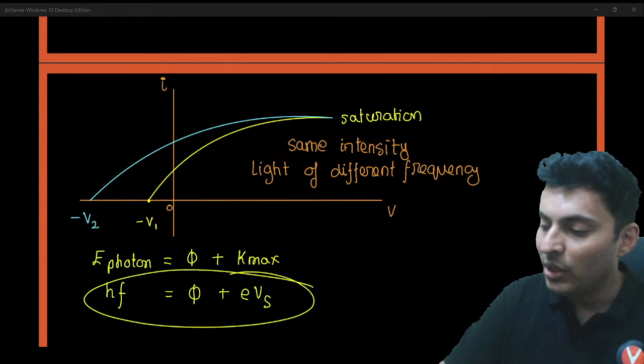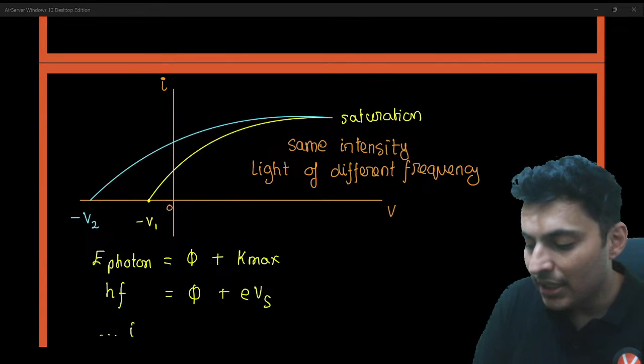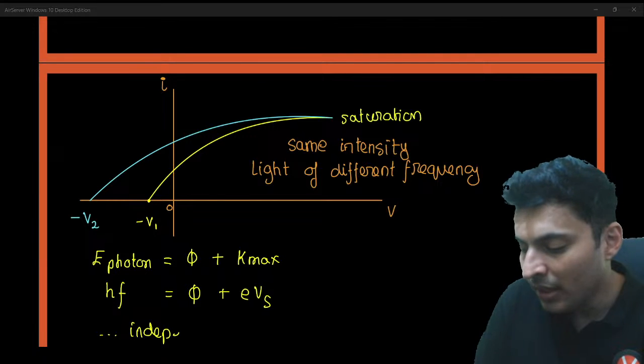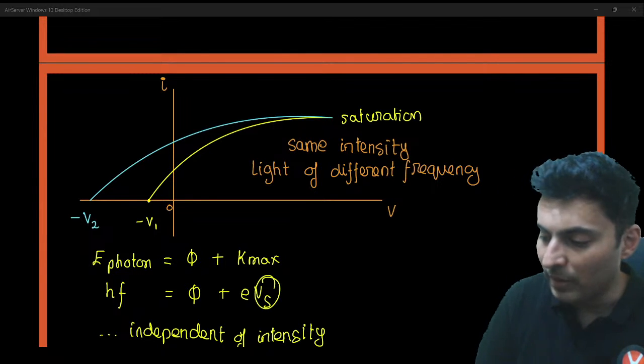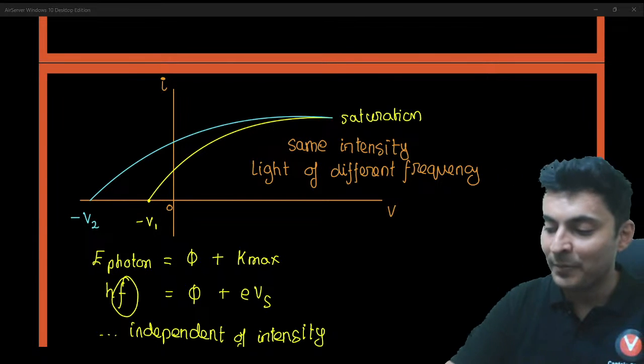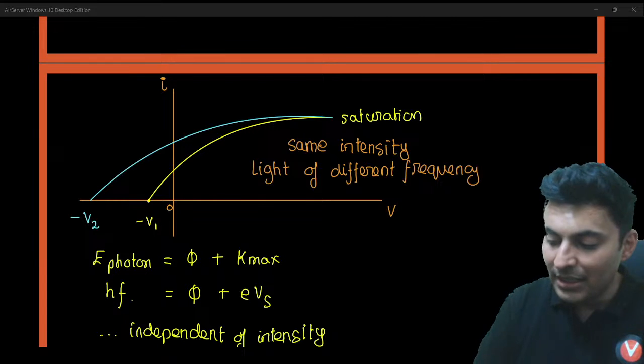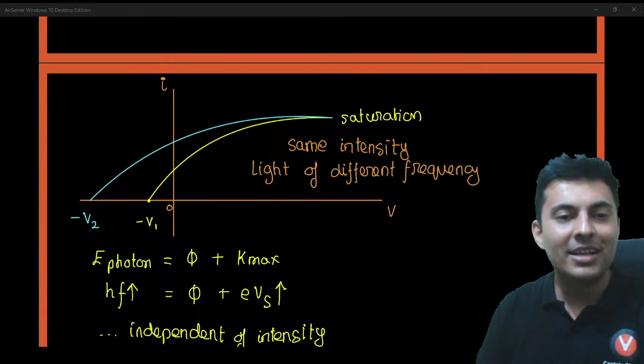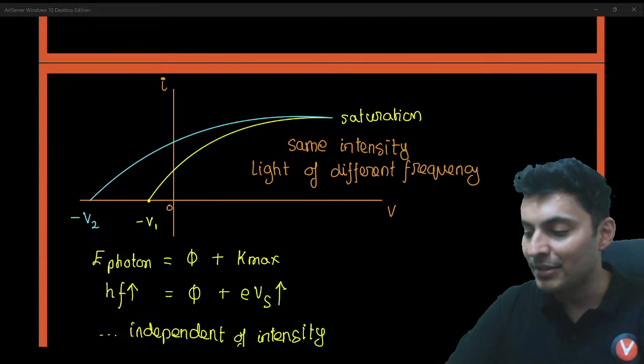In this formula, you can see it is definitely independent of intensity. So stopping potential does not depend on intensity, but it does depend on the frequency. So if somebody increases the frequency of the photon, the stopping potential will also correspondingly increase.